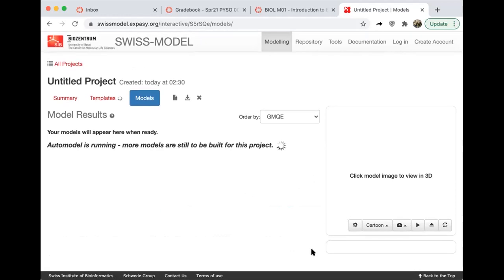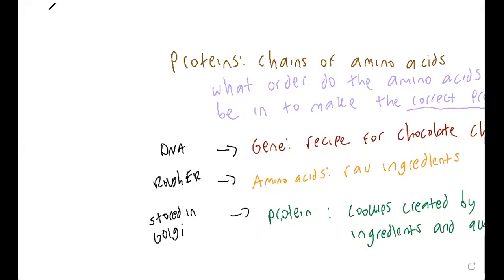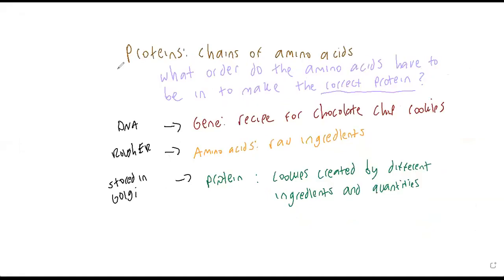We can come back and check back later. But basically, what's going to happen, and I'll show you this later, is that when the amino acids are strung together, it's going to fold into a shape depending on the combination of the amino acids combined.